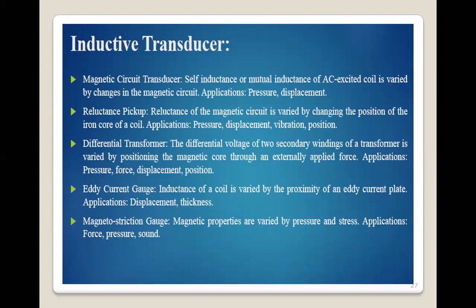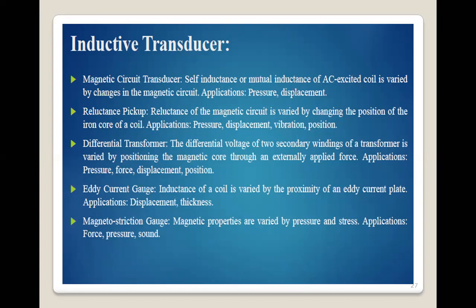Now, the differential transformer. That means the differential voltage of two secondary windings of the transformer is varied by positioning the magnetic core through externally applied force, and its application is in the measurement of pressure, force, displacement, and position.